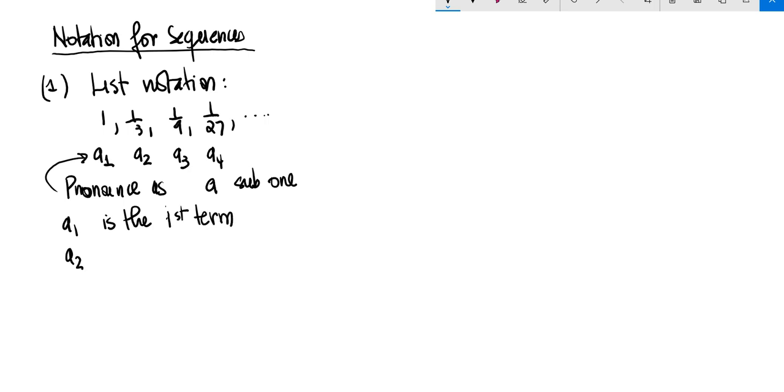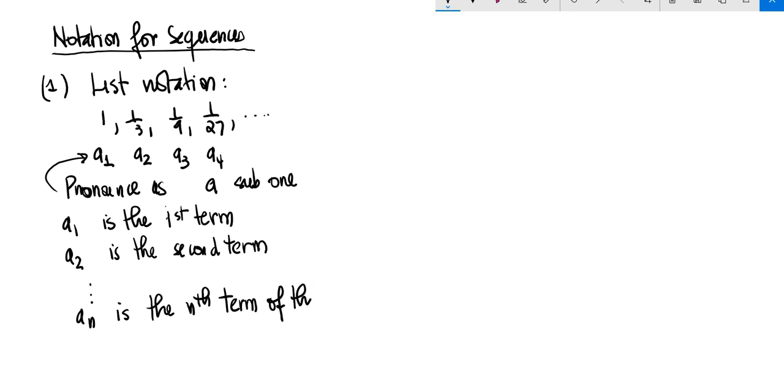A sub 2 is the second term, and generally a sub n is the nth term of the sequence.